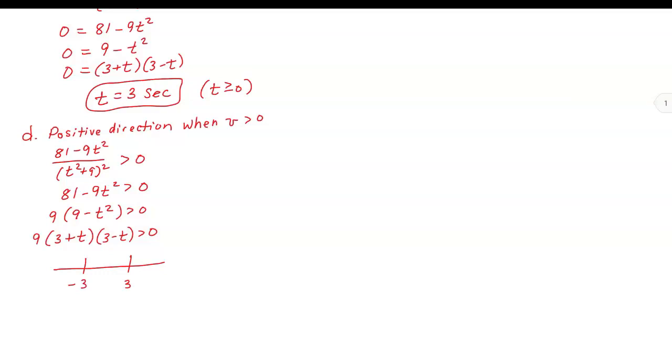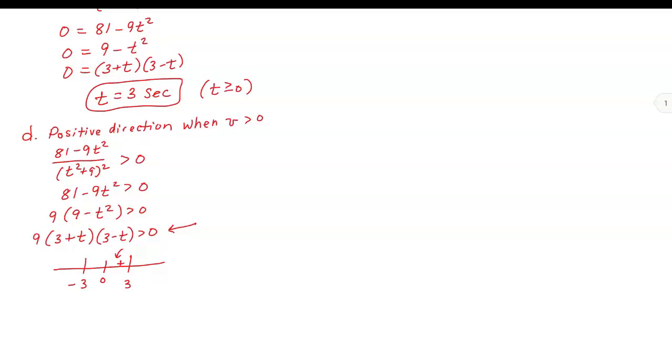Obviously, we're solving for t here, so we really don't care about -3. We actually want to be thinking about values greater than or equal to 0 for t. So we can look between 0 and 3. In between 0 and 3 is the number 1. And if I go back to my inequality and I plug in 1, I'll get 9 times a positive is positive. So it would be positive in between 0 and 3.